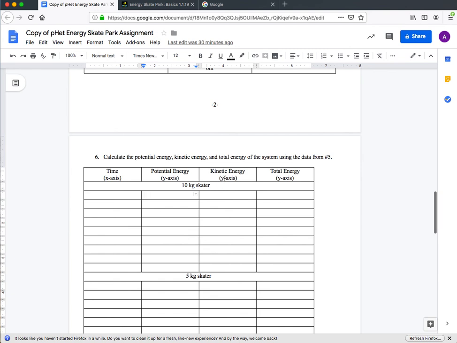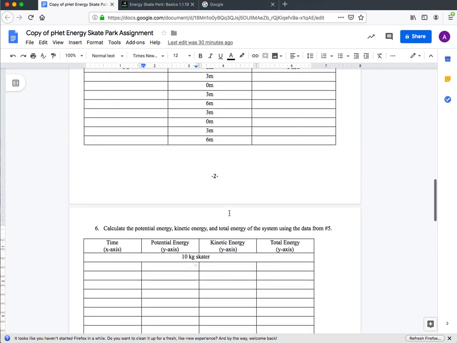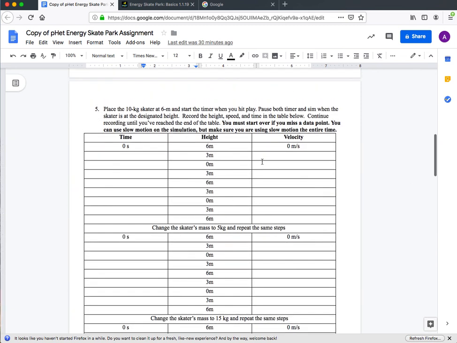Kinetic energy has a very different formula because again it's the energy of motion. It is 1/2 times mass times velocity squared. So in this case 1/2 times 10 times your velocity squared. You can do that one of two ways.